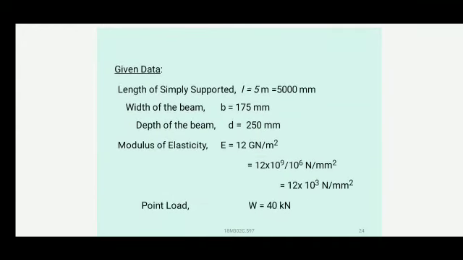Given data, length of simply supported beam L is equal to 5 meters, that is 5000 mm. Width of the beam B is equal to 175 mm. Depth of the beam 250 mm. Modulus of elasticity E is equal to 12 giganewton per meter square, 12 into 10 to the power of 9 by 10 to the power of 6, that is 12 into 10 power 3 Newton per mm square.